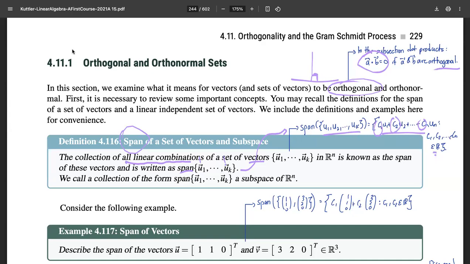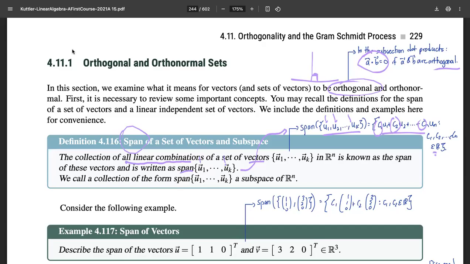What this essentially means is we have the set of all vectors that we can construct by multiplying any one of these vectors by any number and adding these combinations in whatever way you want. This entire collection is called the span.